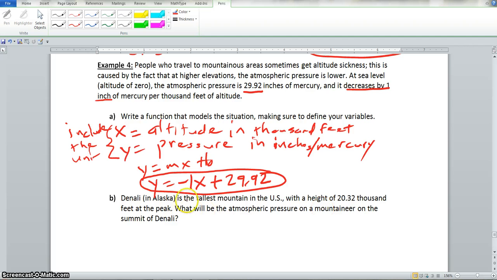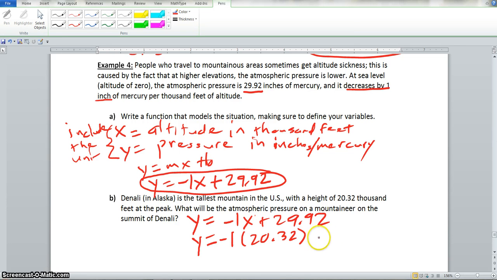Now it says B, Denali in Alaska is the tallest mountain in the U.S. with a height of 20.32 thousand feet at the peak. What will be the atmospheric pressure on a mountaineer on the summit of Denali? So we would take this equation, y equals -1x plus 29.92, and we would substitute in the 20.32 and bring down our plus 29.92.